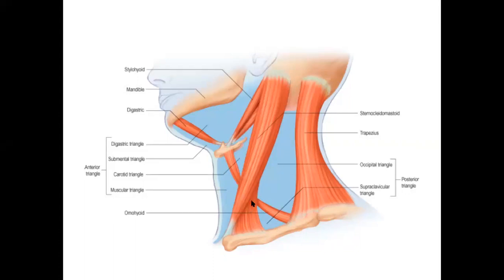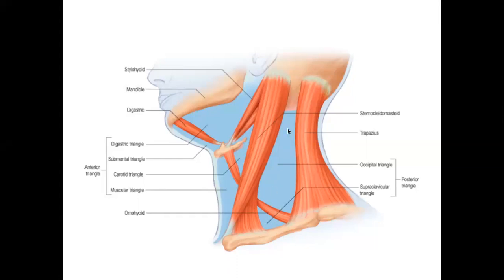What are the two triangles? This is called the occipital triangle, and the lower part is called the supraclavicular triangle, or also the subclavian triangle. Occipital triangle and supraclavicular triangle. So these are the two parts of the posterior triangle.